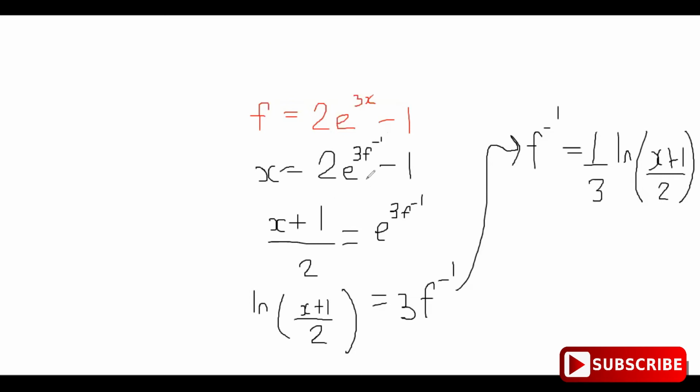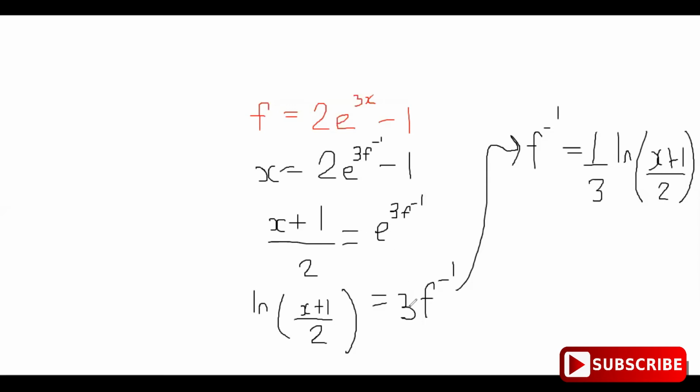So to solve back for y, you add 1 to both sides, and then you divide by 2 to make e to the 3f inverse the subject. But then to get the f inverse out of the power, you have to take the log of both sides. So after we take the log of both sides, ln e is 1.